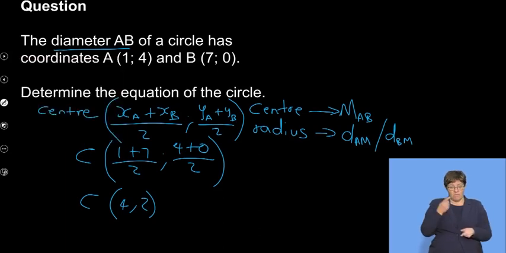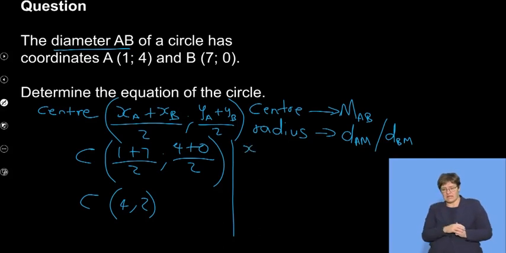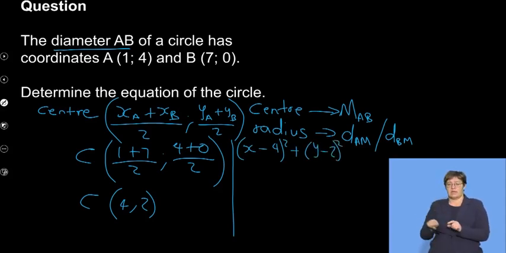And then from there, since I know this, I can find my radius. Now let's say x minus 4 all squared plus y minus 2 all squared is equals to r squared. And then we use either the coordinates of A or the coordinates of B. If I use A, it will be 1 and 4.